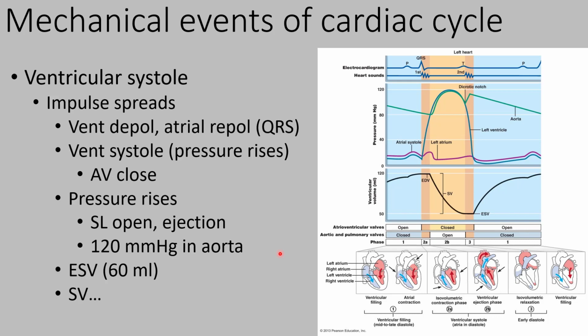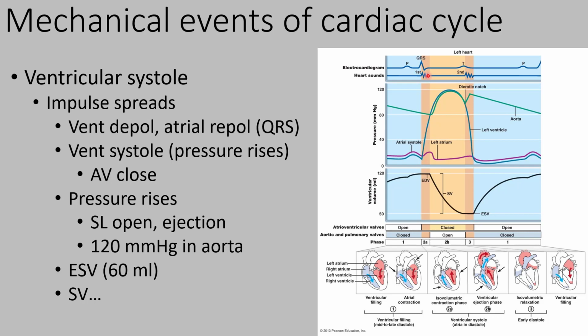Now we're on to the second phase. This is the period of ventricular systole. So this is when the ventricles are going to squeeze, they're going to contract. During ventricular systole, that electrical impulse is going to spread. We're going to get our QRS complex.